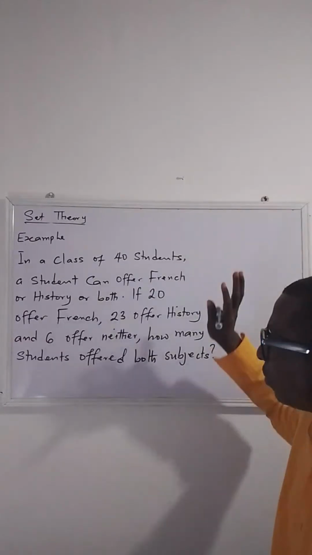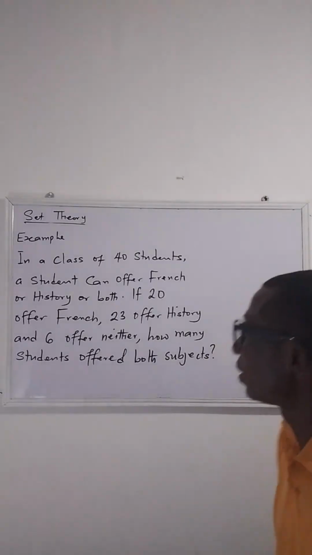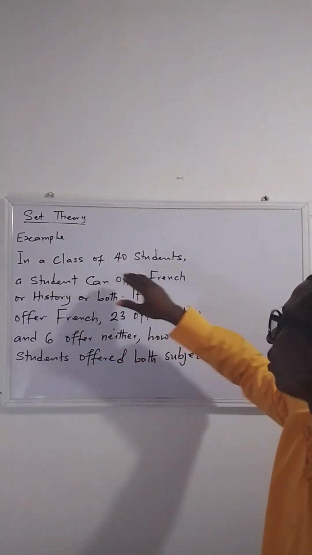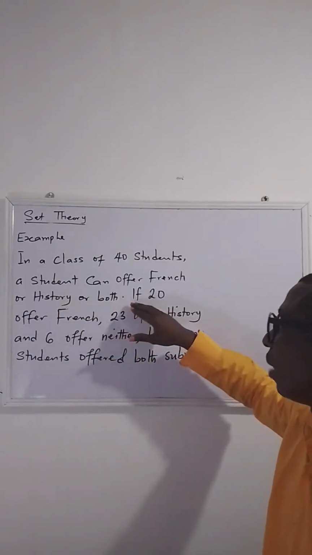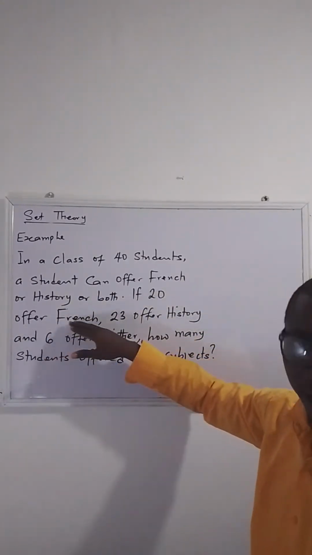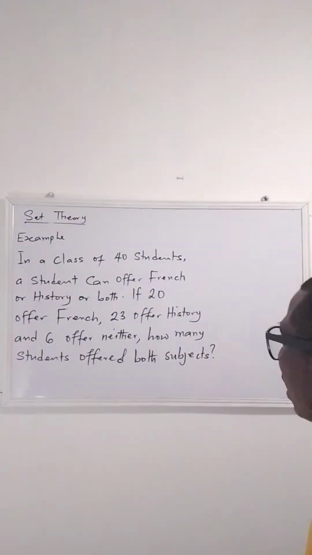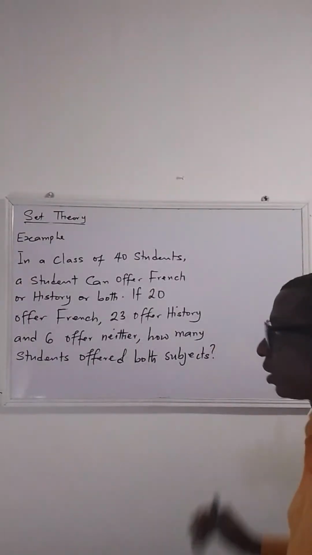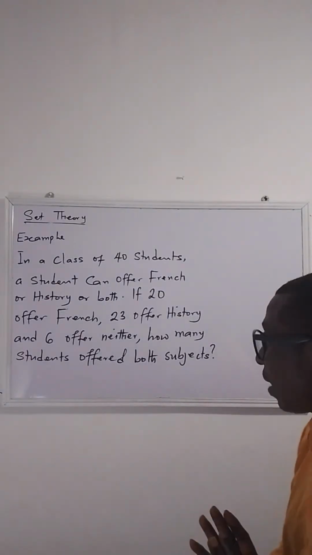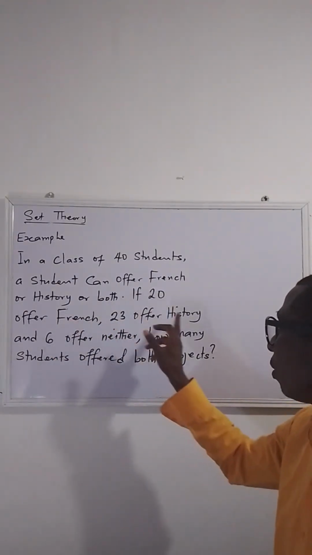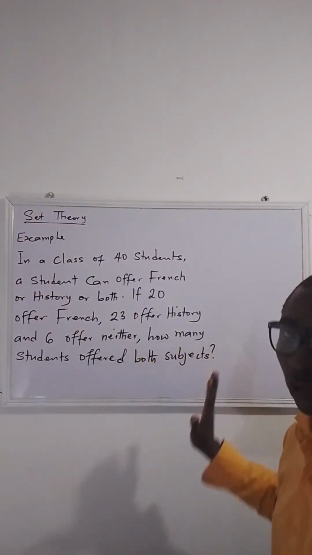All right? So in the universal set, we have some subsets, some set of students. Now, a student offers French or history or both. Now, we have 20 students offer French. So we have some set of students that offer French. We have another set of students that offer history. And we have 6 that offer neither. They do not offer French nor history. Now the question is, how many students offer both subjects?